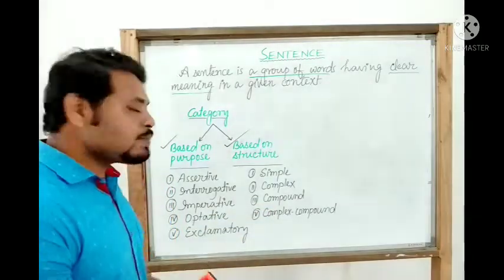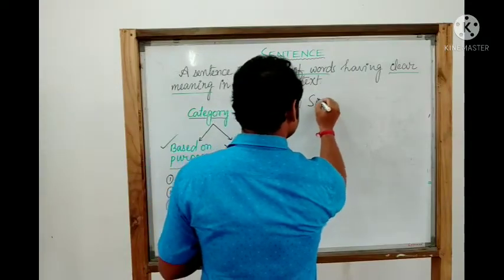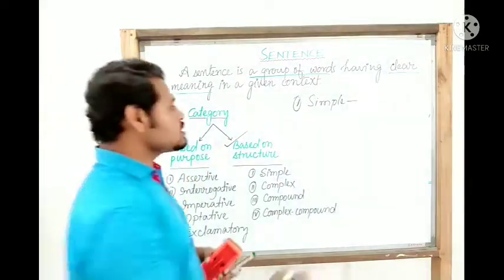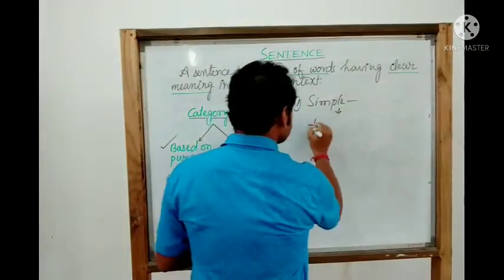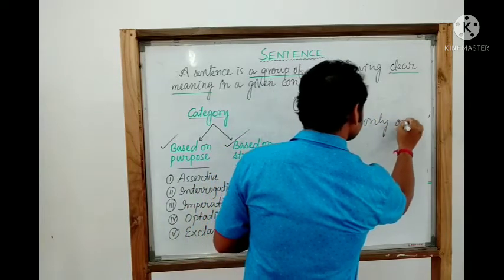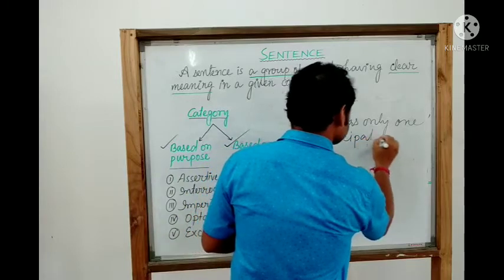So in the first place we have the simple sentence. Now what is a simple sentence? That has only one principal clause.